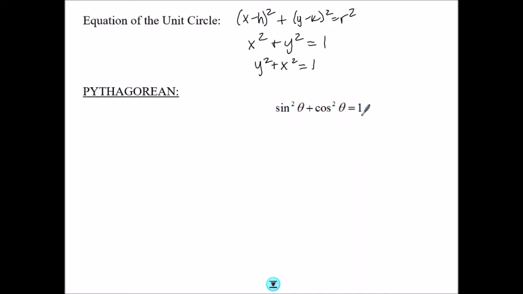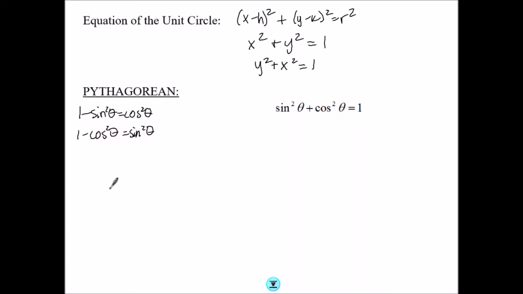This could also be rewritten so that you have 1 minus sine squared of theta equals cosine squared of theta, or 1 minus cosine squared of theta equals sine squared of theta. You need to be able to recognize in any of these three forms that this is a Pythagorean identity.